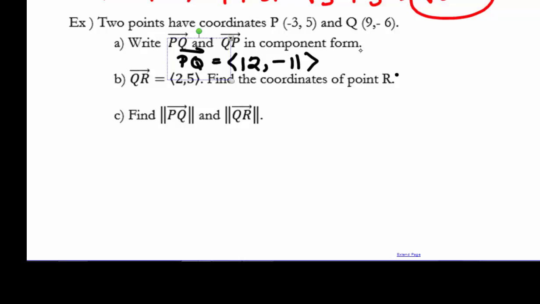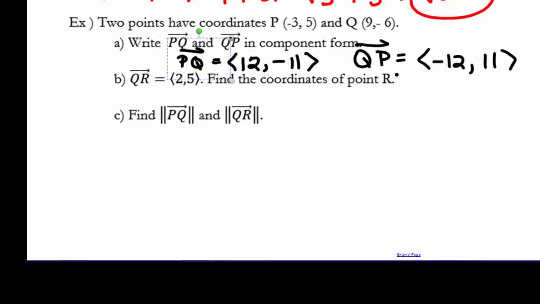So there's PQ. QP means I go in the other direction, so from 9 to -3 I went left 12, and from -6 to 5 I went up 11. And really what you should notice right now is that PQ and QP are almost identical, but they are negated. If you switch the order of the vector, you just negate the components.